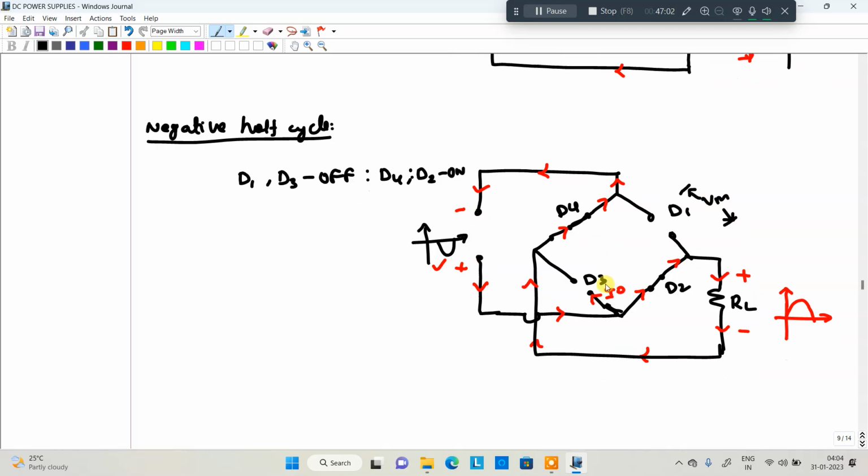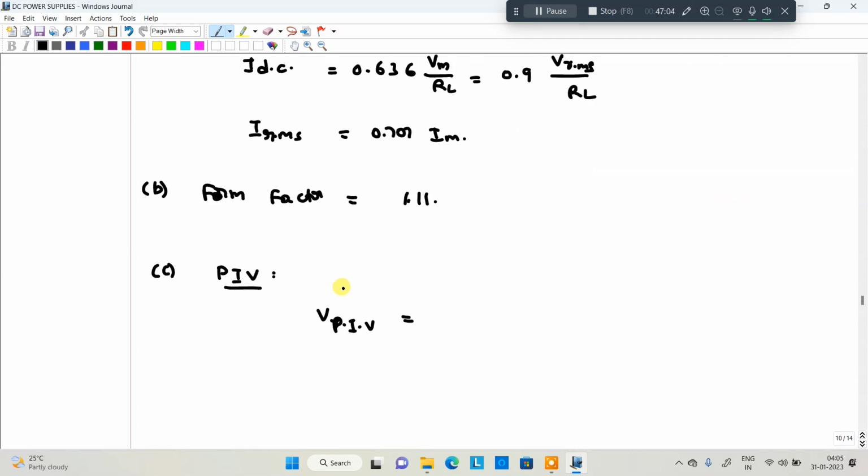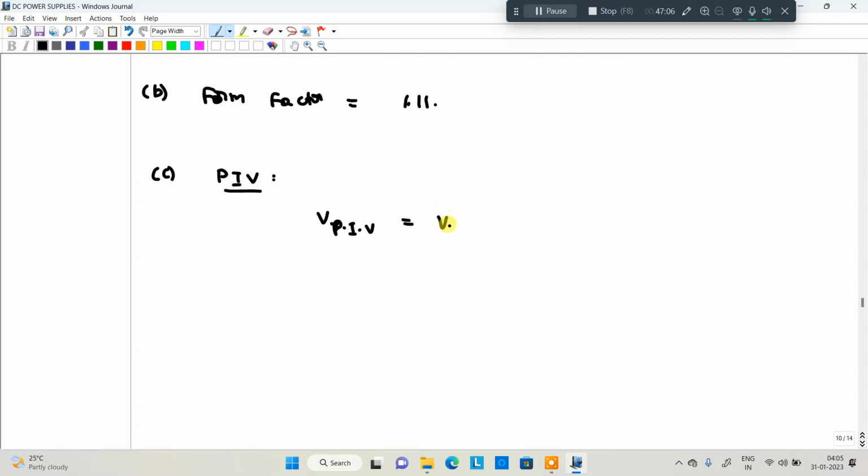That's why the peak inverse voltage here is VM. This is the only difference between the bridge rectifier and the center tap full wave rectifier. In a bridge rectifier, the peak inverse voltage is equal to the maximum voltage. In a center tap rectifier, it is 2 times the maximum value.